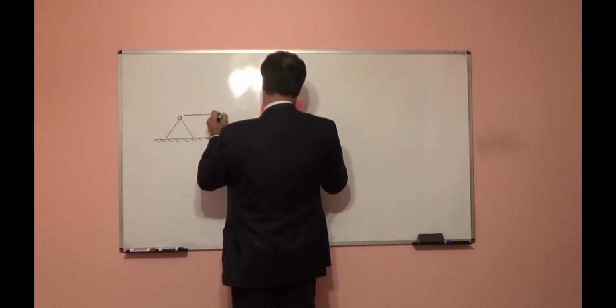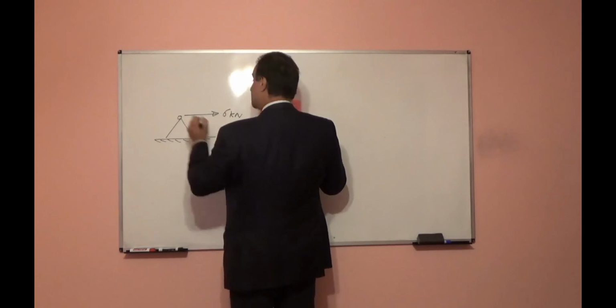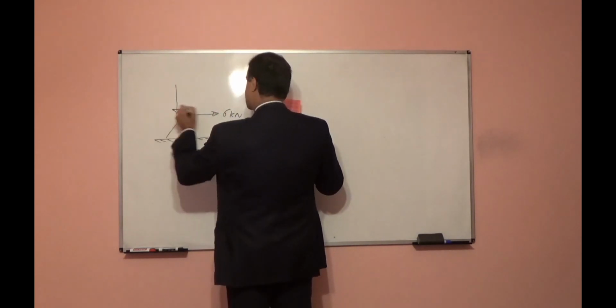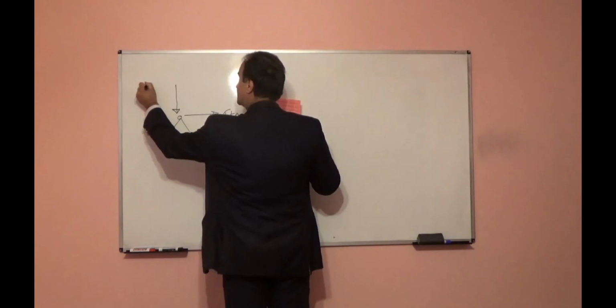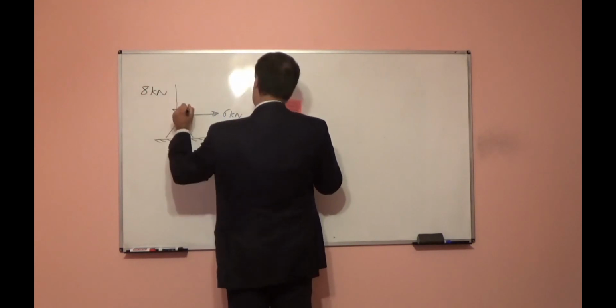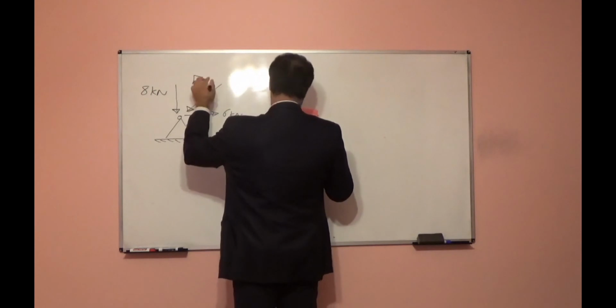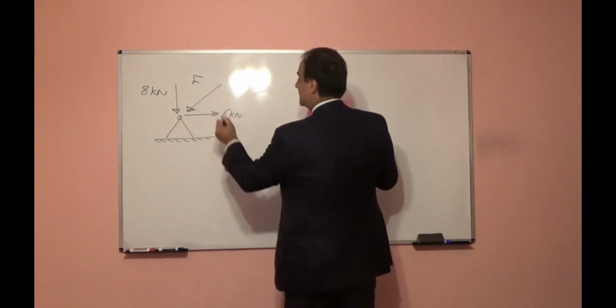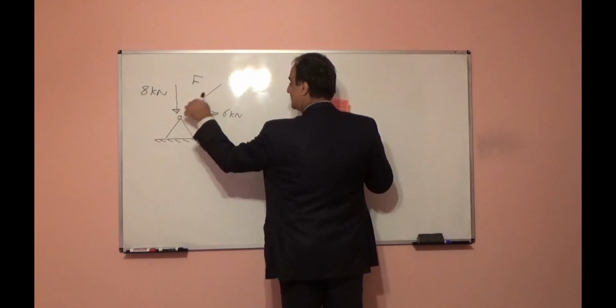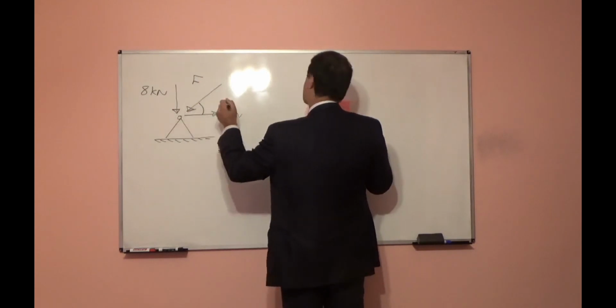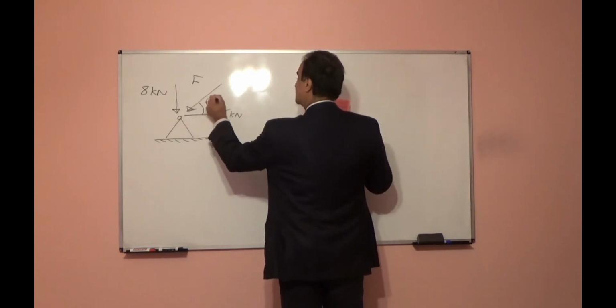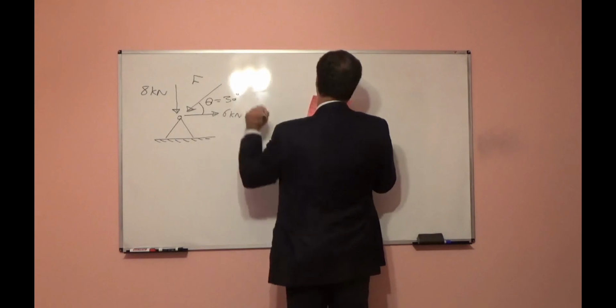One of them is in the horizontal direction, with a magnitude of 6 kilonewton. Another is in the vertical direction, with a magnitude of 8 kilonewton. Another is an inclined force, F, and the angle theta between this force and the horizontal direction is equal to 30 degrees.